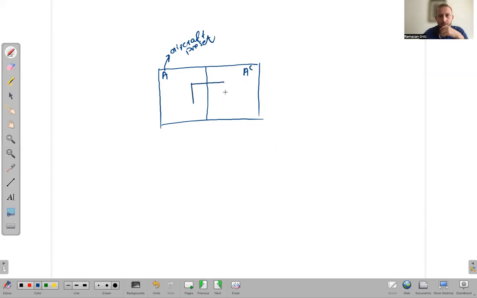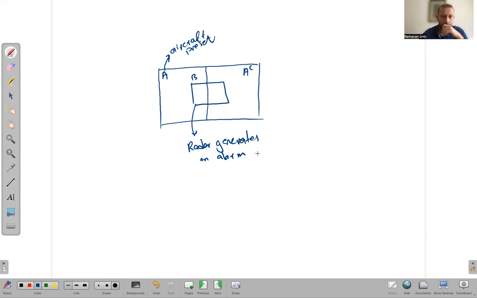And let's say this is B. And what is B? The radar generates an alarm.